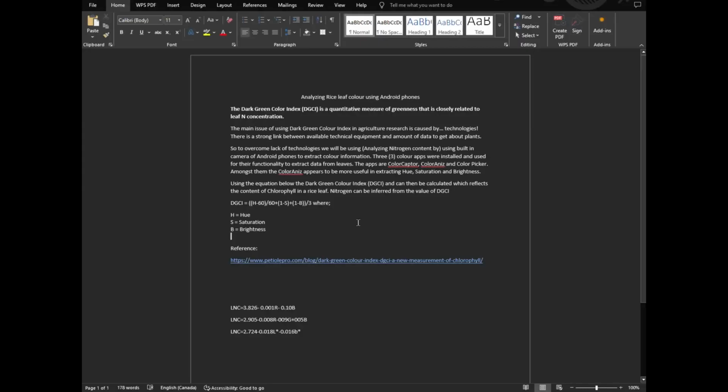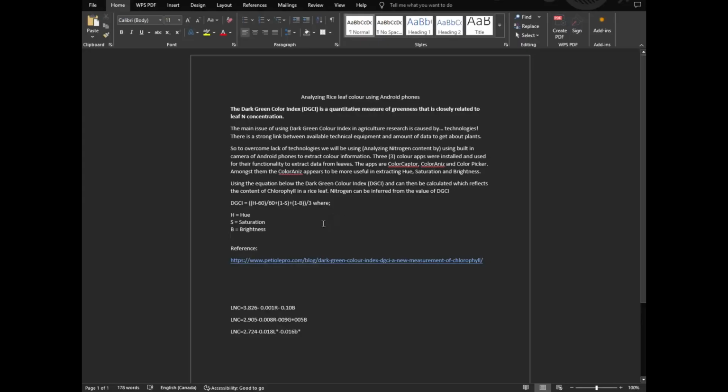So one thing that is important is how dark green the leaf is going to be, because that is an indicator of whether it's receiving a lot of nitrogen or not. So the more green it is, the more nitrogen it has, or fertilizer it has. And the greenness has to do with chlorophyll in the rice leaf.